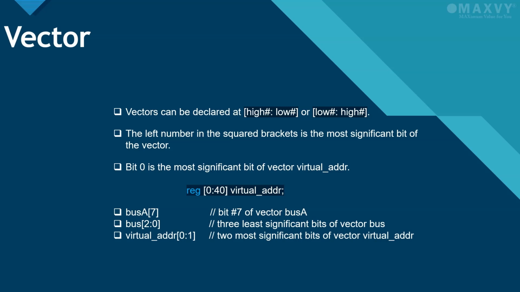It is important to note that you should always place the most significant bit on the left of a range specification, such as using 2 down to 0 instead of 0 down to 2. Vectors provide flexibility in handling multiple bits, making them invaluable for designing complex digital systems.